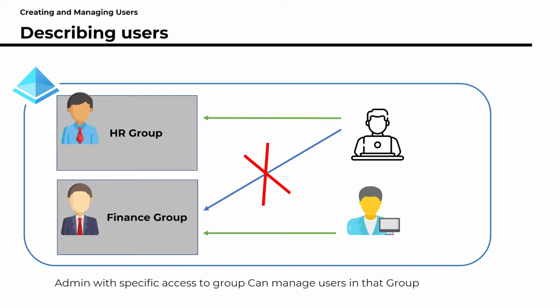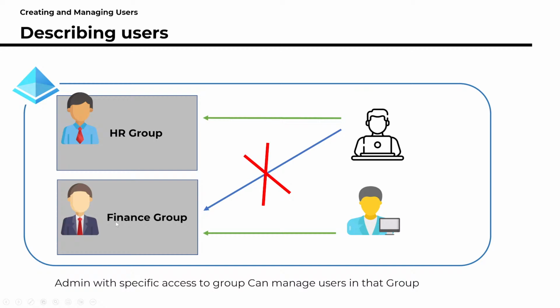So now this is the administrative unit. We have two different groups, the HR group and the finance group, and two different admins. Let's assume each administrator is responsible for only a particular group. This user is responsible only for the HR group, and this particular user is responsible only for the finance group.